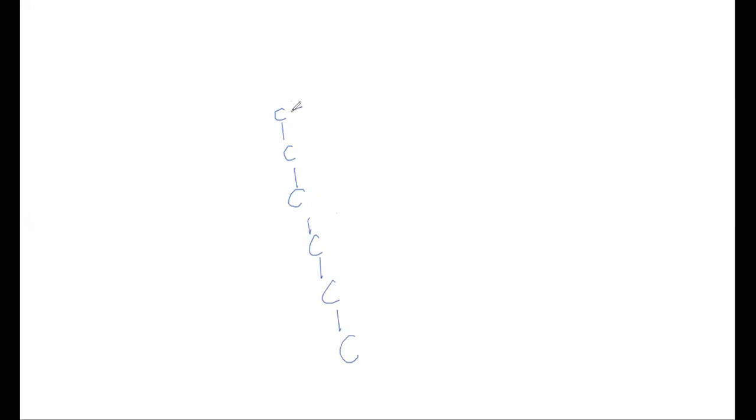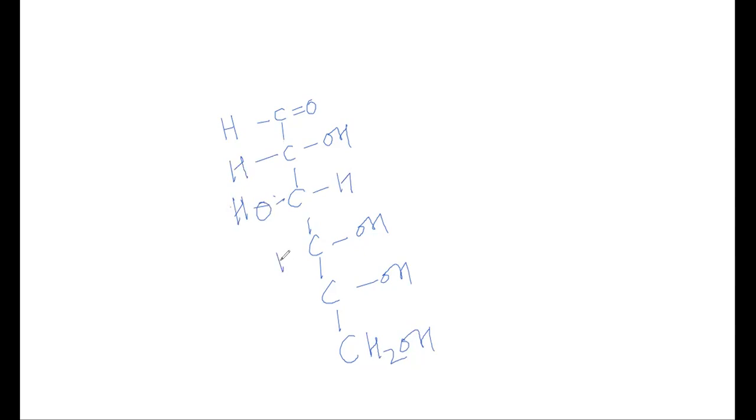We are already aware that on the first carbon we have the aldehyde group, and all the others have alcoholic OH groups. On the sixth carbon we have the CH2OH primary alcohol group. The OH present on the third carbon is on the opposite side. So this is how we understand the structure of glucose.